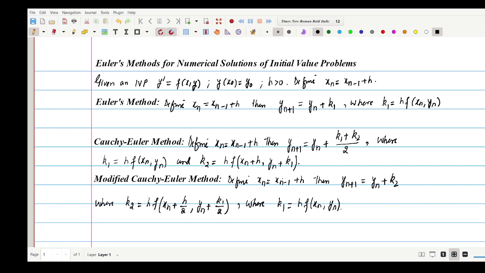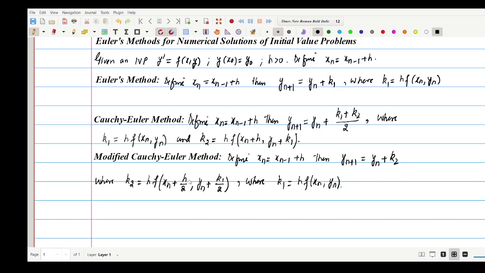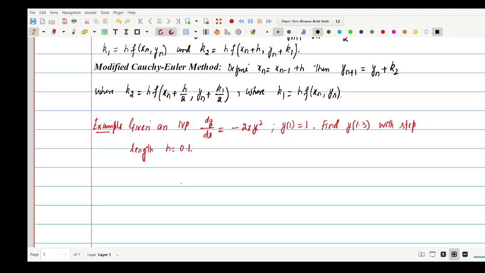So these are the three methods that we are going to study in this lecture, and we will try to solve a differential equation using all three methods. So let's come to a problem. First we shall put our problem so that we can apply these Euler's methods.